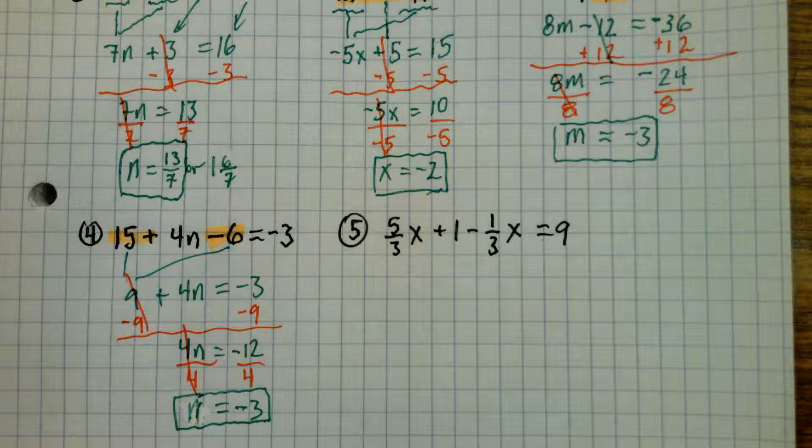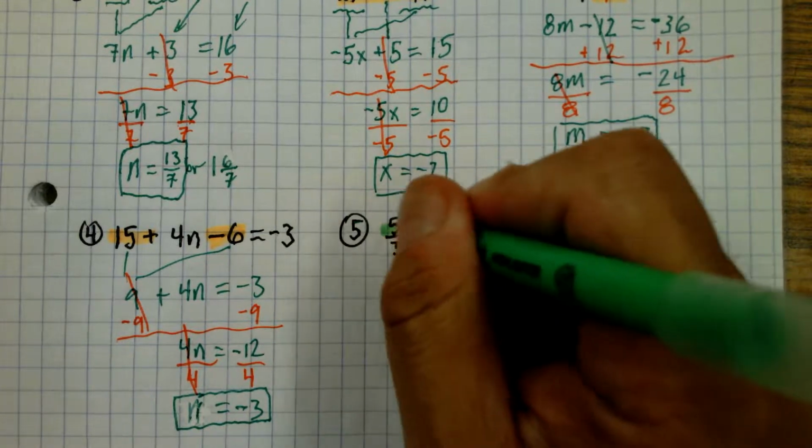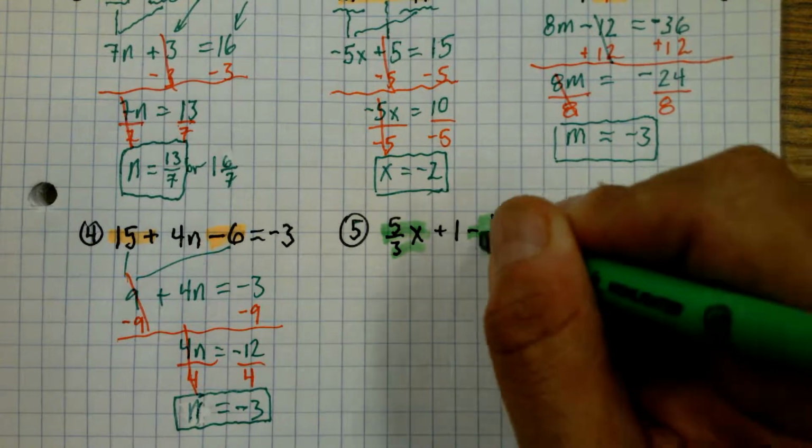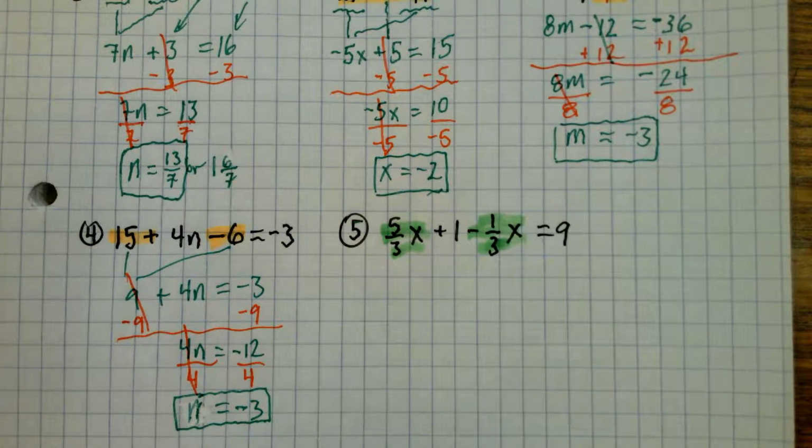All right. So let's see. Same thing still applies. We have to figure out what to combine, what to put together. And as far as I can tell, it's the x terms. Yeah, I got one positive, one negative. So really we're going to subtract.